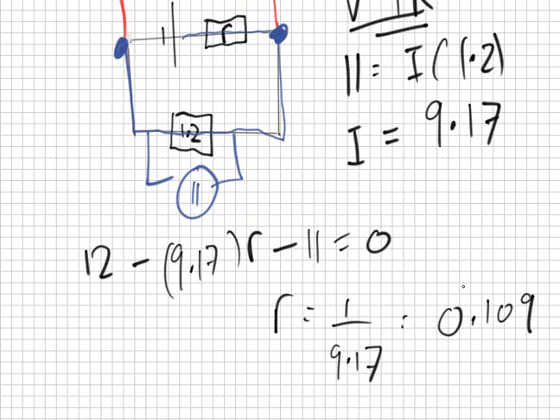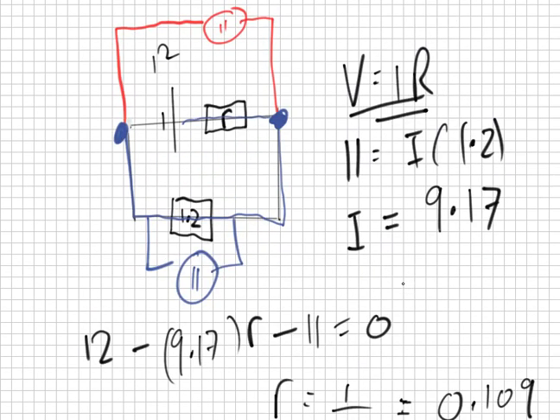Okay. Now, let's look at the whole circuit. And if you like, you can think about it as Kirchhoff's first law. So what's the voltage in the battery here? 12. And then as you go around the circuit, you lose voltage at the first resistor. How much voltage do you lose at the first resistor? Minus I times R, because remember, voltage is IR.